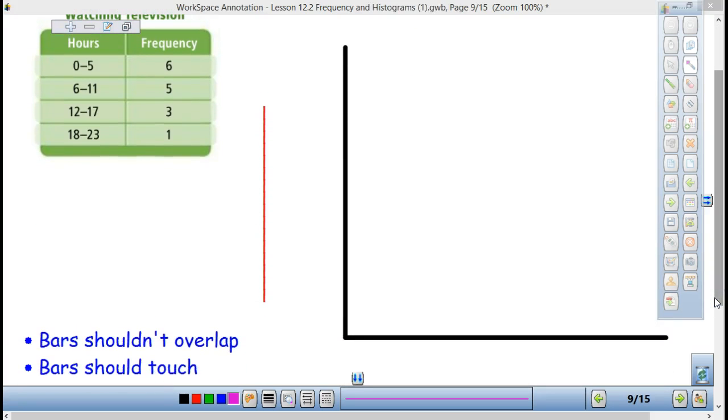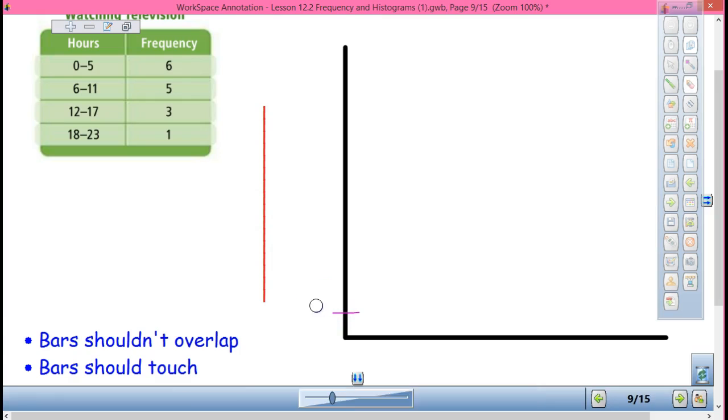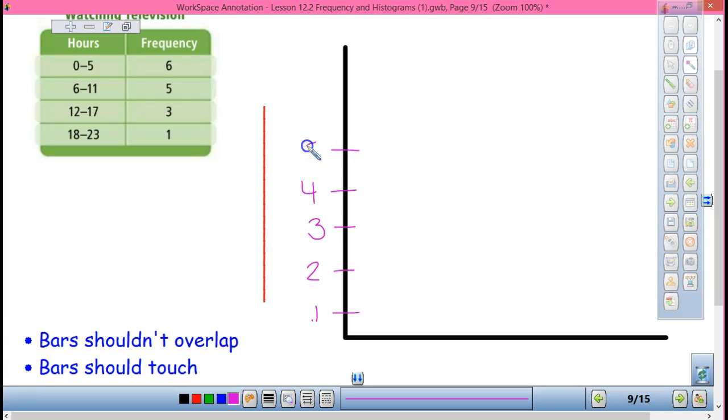All right, so it gives us our graph, right? We've got a number of lines here. This is going to be 1, 2, 3, 5, 6, 7.